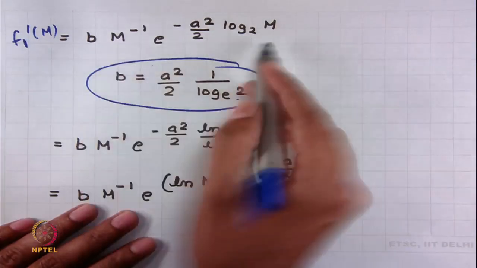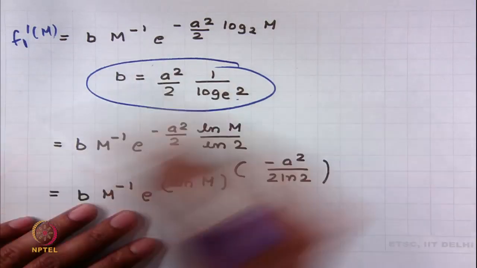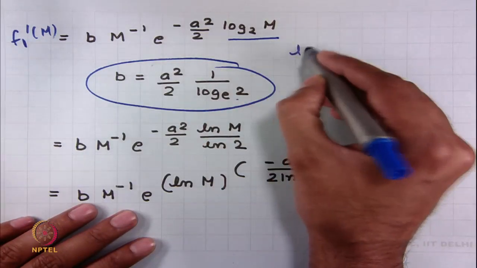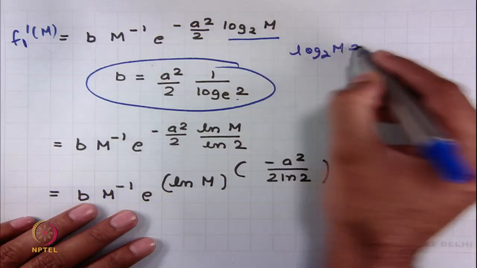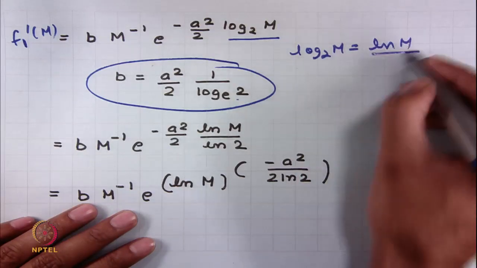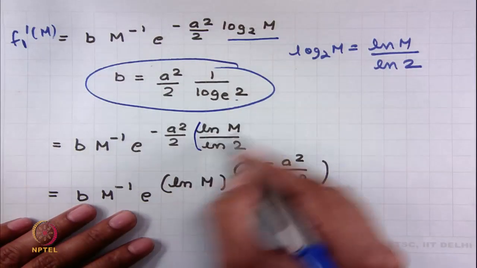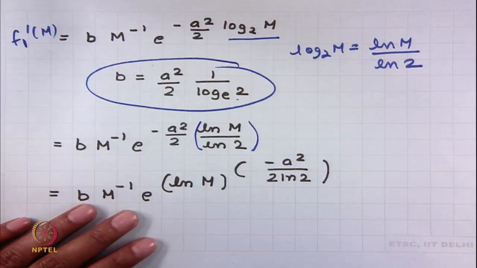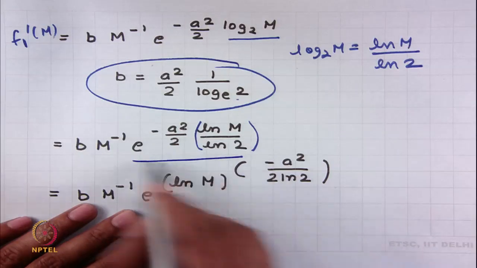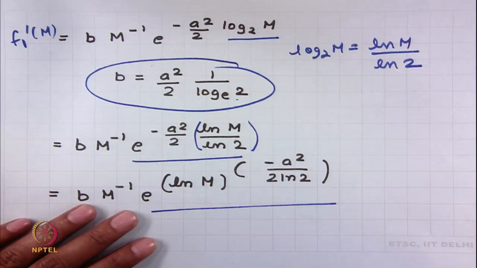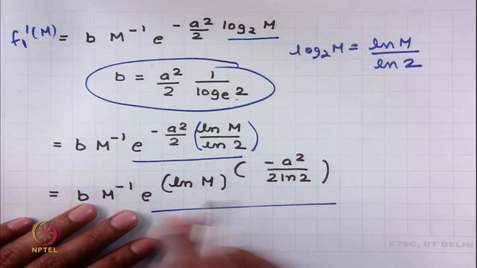is simply this. Now, what I can do is I can write this log 2 m as ln m by ln 2. So, instead of this I can write it like this, trivial, and instead of thinking about this I can think about this quantity, because I know exactly what it is.